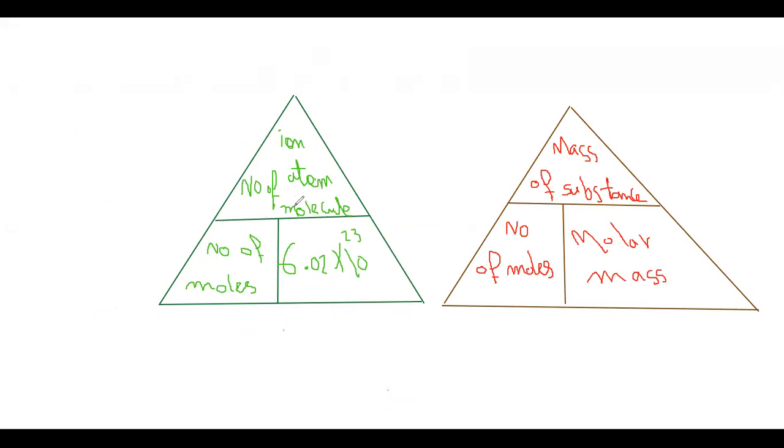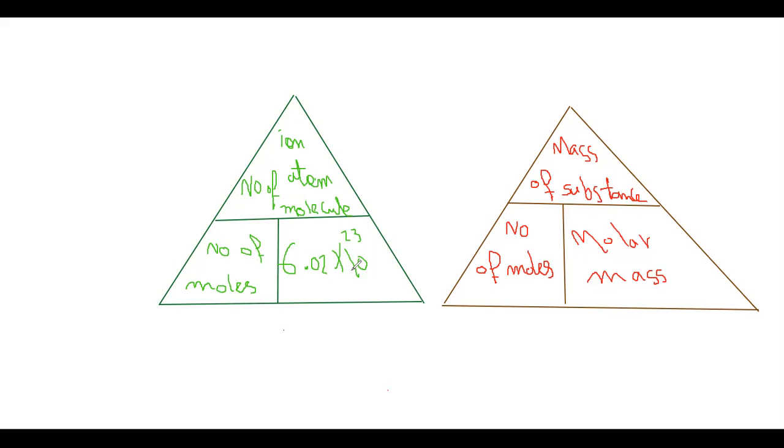So from this triangle, number of molecules equals what? If you cover number of molecules, it will equal the number of moles times Avogadro's number.